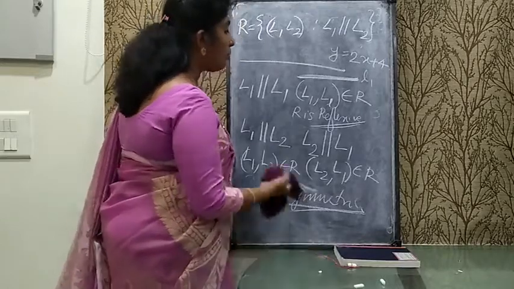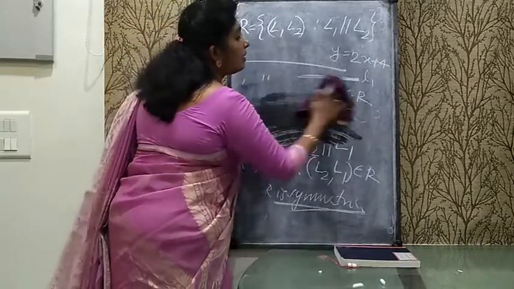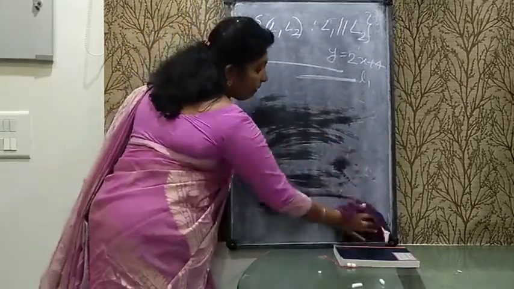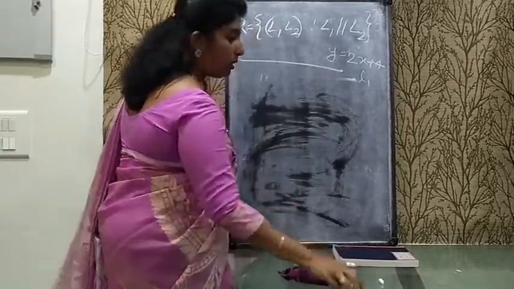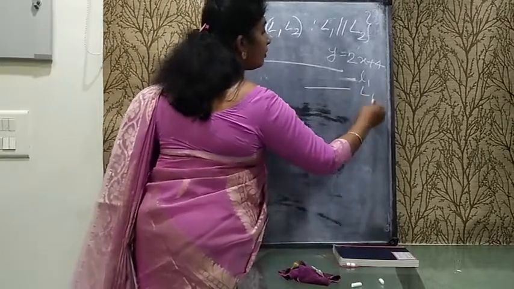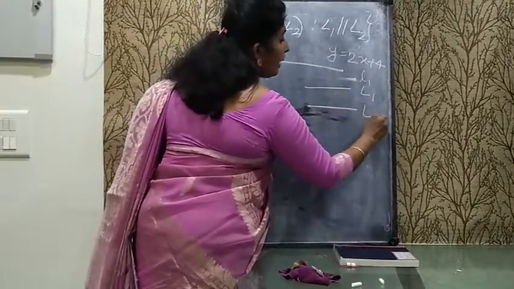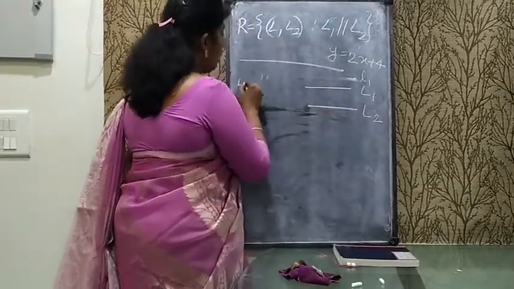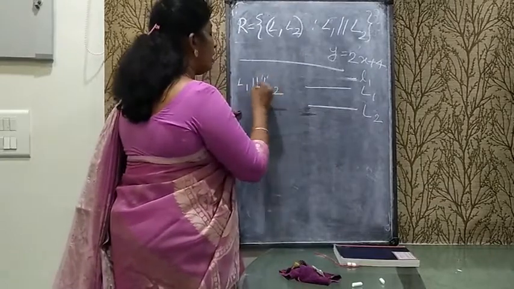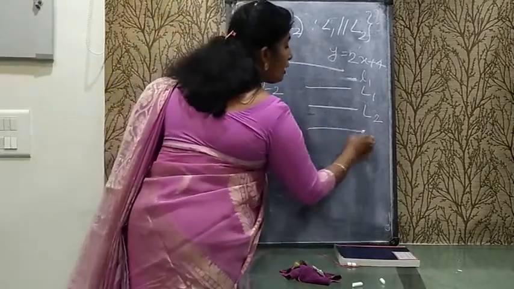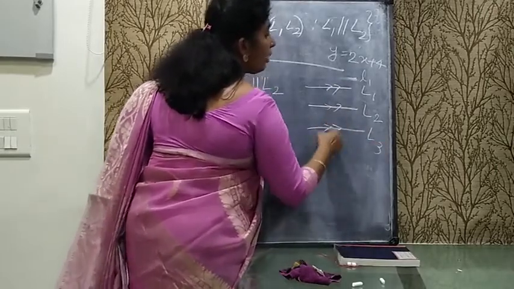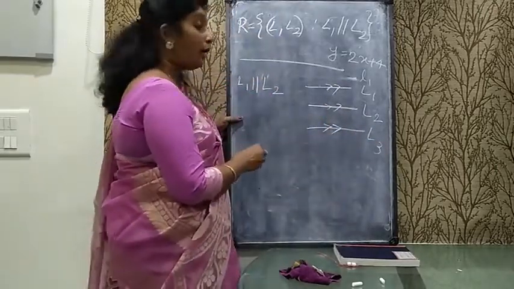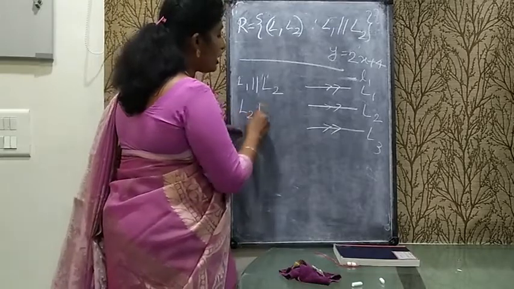Now we have to go for the third one, that is transitive. So here I will be taking 3 lines. This is the line L1. L1 is parallel to L2, and this L2 is parallel to L3. I draw one of the lines L3 which is parallel to L2. Second condition, L2 is parallel to L3.